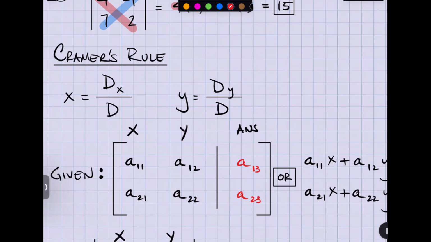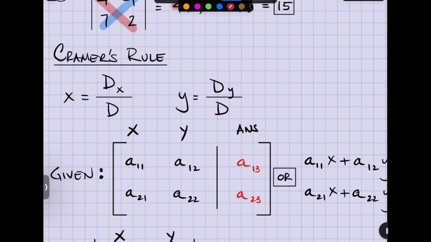So you're confused. How do I find Dx and Dy? If you guys remember, when we write out two equations with two unknowns, we have a 2 by 3 matrix. Is that right? A determinant has to be a square.